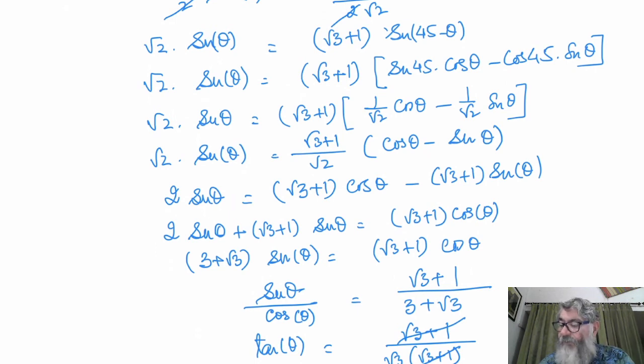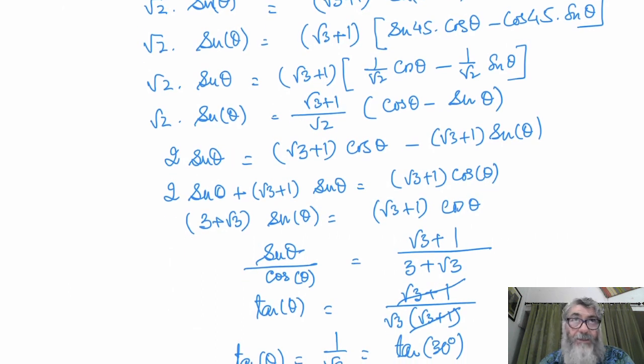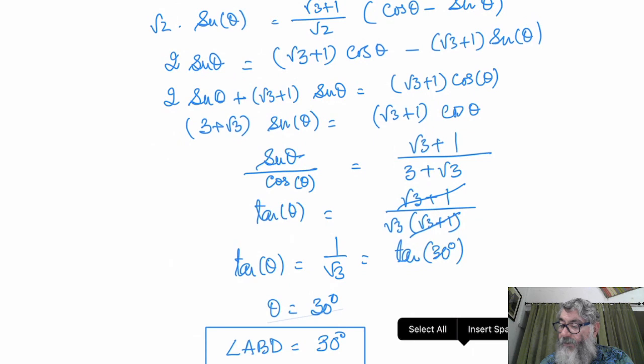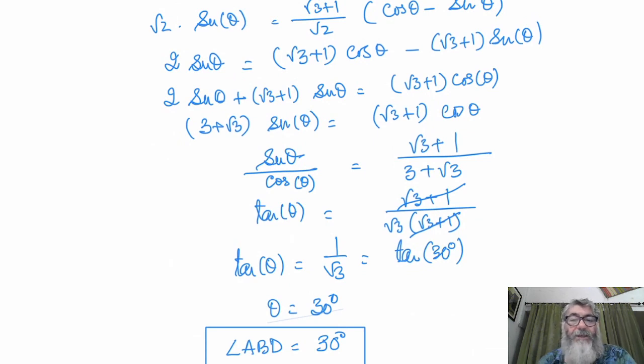Root 3 plus 1 from the numerator cancels with root 3 plus 1 from the denominator, and we are left with tan theta is equal to 1 upon root 3. 1 upon root 3 is tan 30, so tan theta is equal to tan 30. Theta is 30. And what is theta? Theta is angle ABD, which comes out to be 30 degree, and that is the value which we wanted to calculate. So this is the whole question.